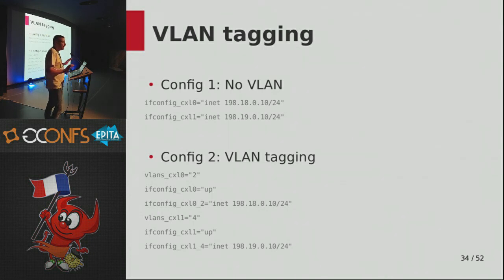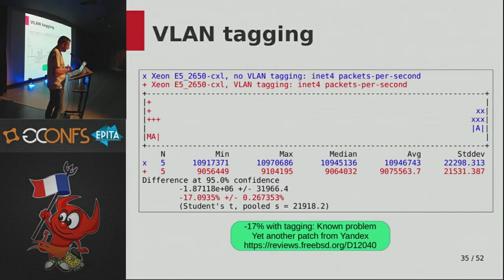It's a very simple difference. Today, network interfaces embed lots of VLAN acceleration, so theoretically they should have no impact on my bench. And surprise again, 17% degradation. There is quite a large impact.